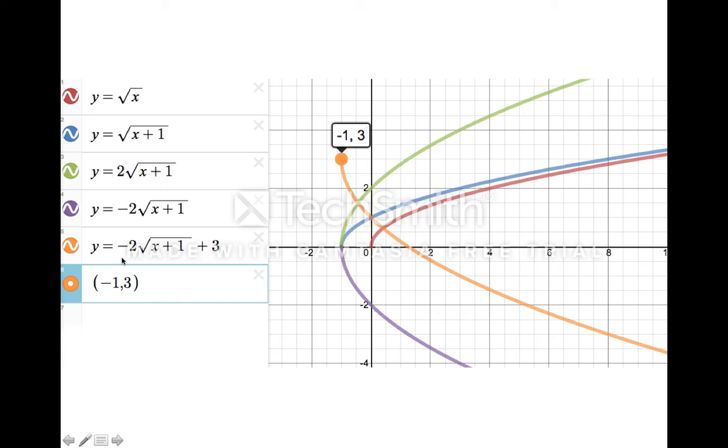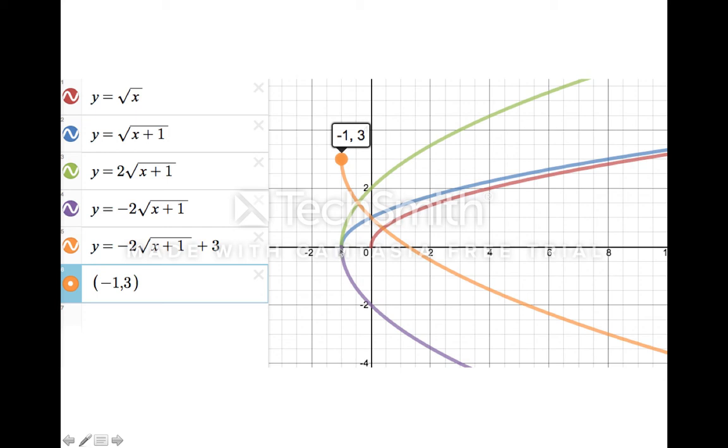Then we're going to multiply by negative 2. The green graph gets reflected across the horizontal. Then we're going to take that purple graph, namely the minus 2 square root of x plus 1, and move it up 3 units.